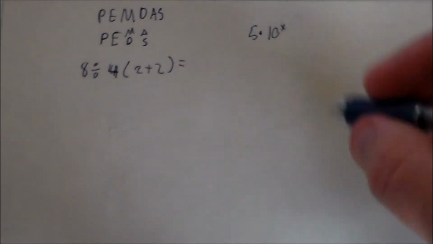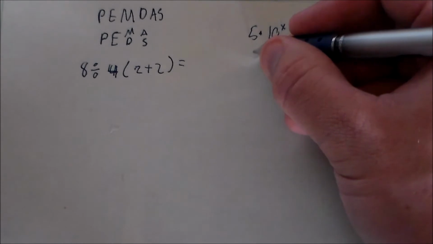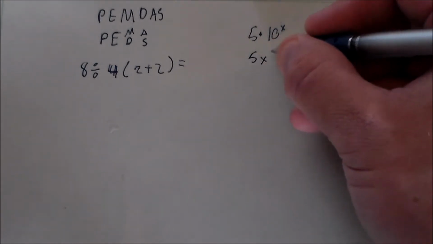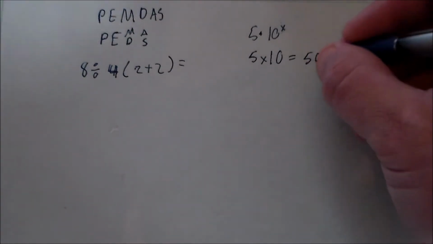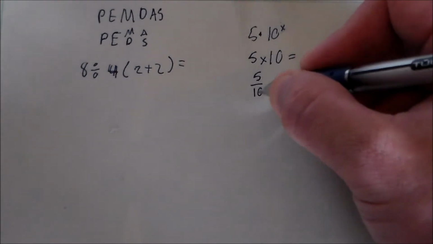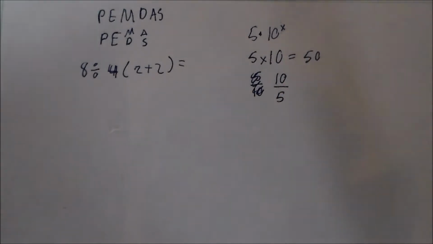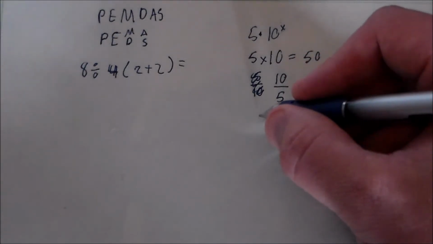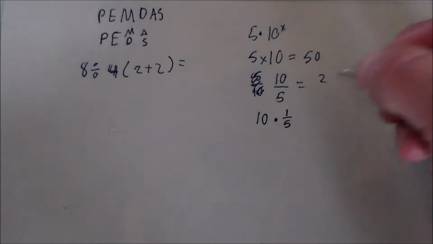Let me show you a couple of examples of what I mean. Let's say I have 5 times 10, and this is 50. Let's do an easier one: 10 divided by 5. You know that this is 2. One thing you may or may not see is that this is the same thing as saying 10 times 1 over 5.